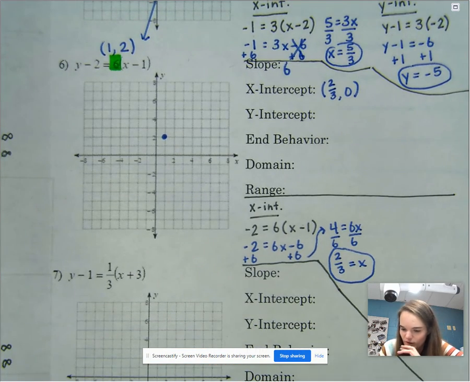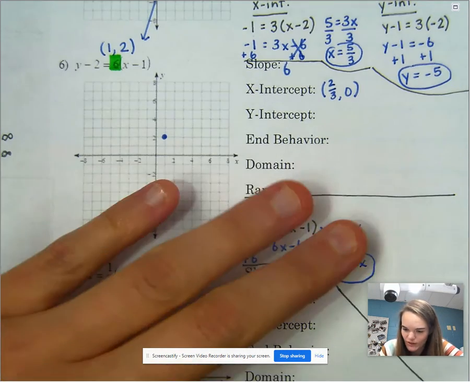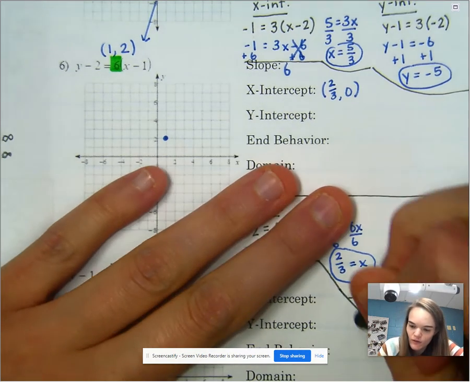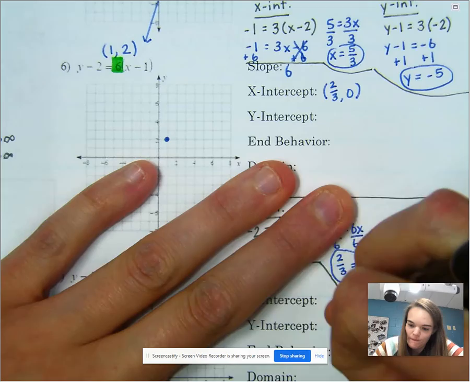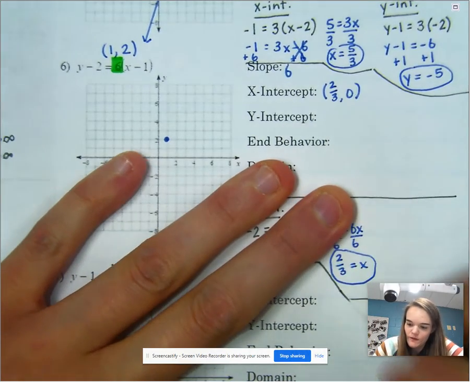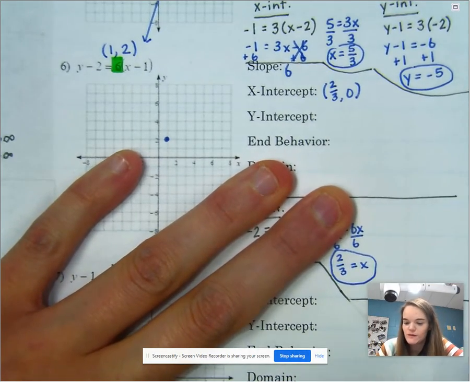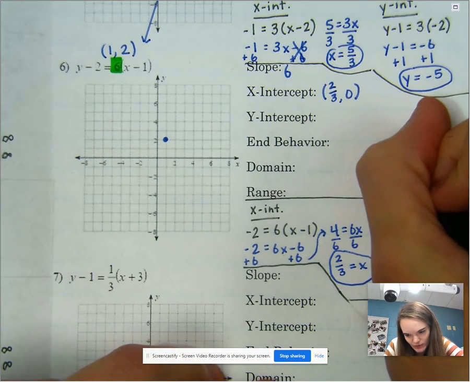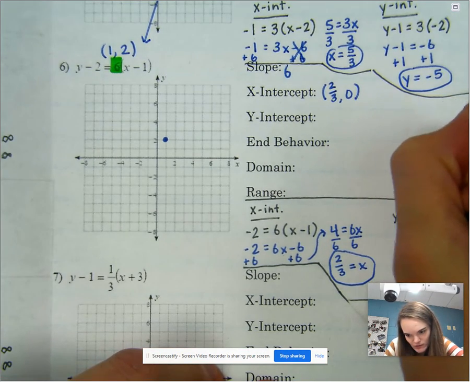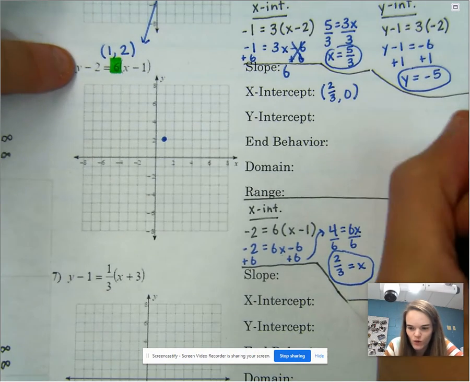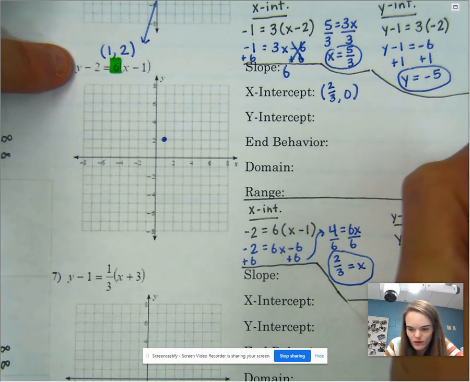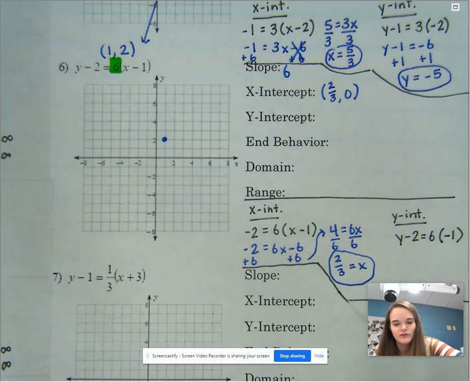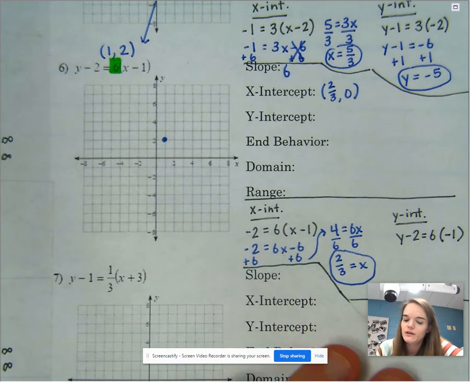Give myself some room there. I don't think I need that much room though. And the y-intercept. Y minus 2 equals 6 times -1, because 0 minus 1 is -1.